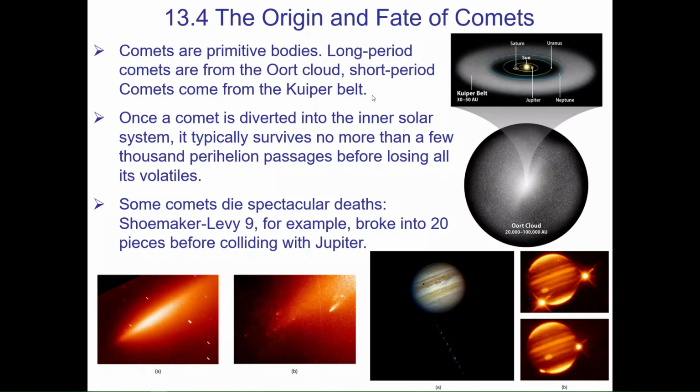And interestingly, other than the comets from the Kuiper belt and the Oort cloud, in 2017 and 2019 astronomers discovered two interstellar comets. Their orbits indicate that they come from outside of the solar system.